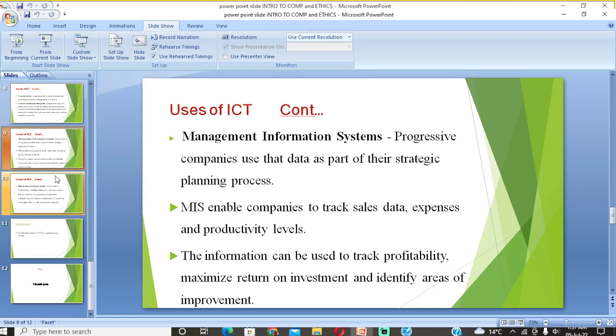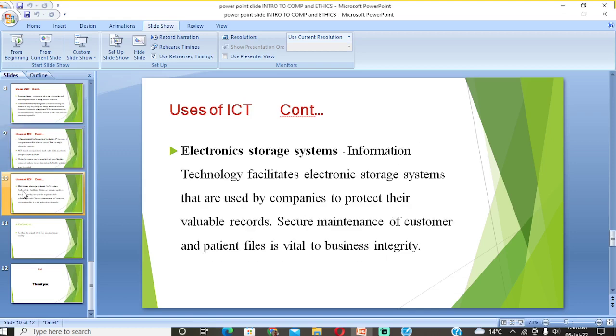ICT is also used in what we call electronic storage systems. So we can use ICT to keep information or data in our organization so that we can retrieve it, protect it, and secure it so that this information can be referred to in future. So that marks the end of today's lesson.